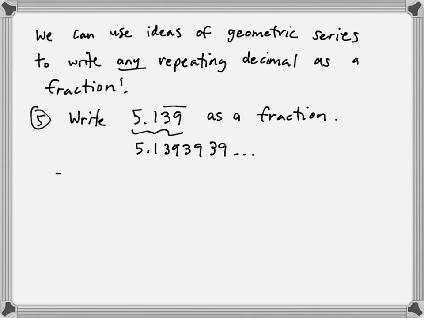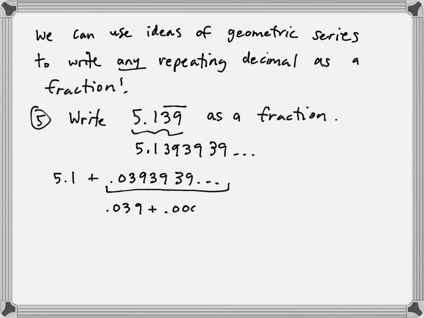We're going to write this as 5.1 plus, and then we have 0.0393939... So let's throw the 5.1 off to the side, and we're just going to look at this for now. We notice that that's 0.039 plus 0.00039 plus 0.0000039.